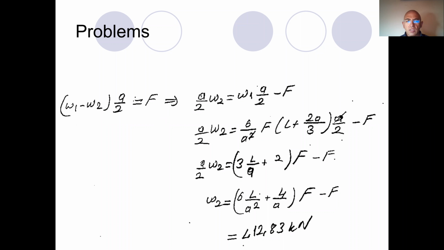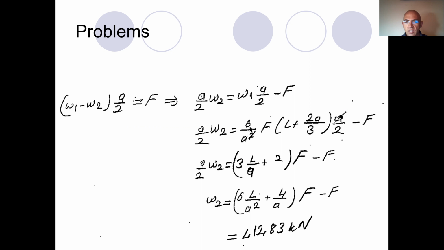Now I will do the same thing. I can find W2 because I have the force equilibrium in y direction. So remember that it is (W1 minus W2) times A divided by 2. Now I know W1, I know F. From here, I can calculate W2. It is A divided by 2 multiplied by W2, that's equal to W1 times A divided by 2 minus F. So I can substitute the expression for W1 here.